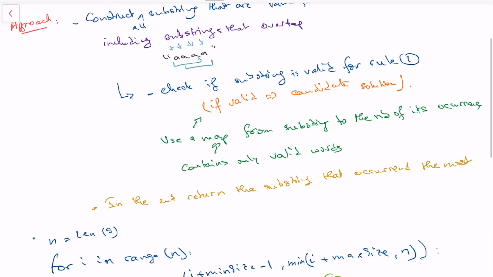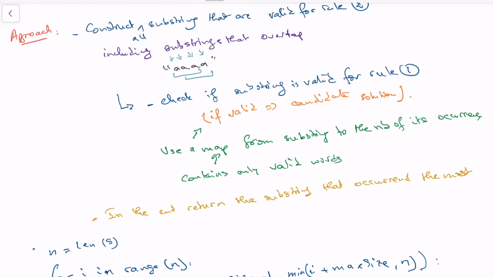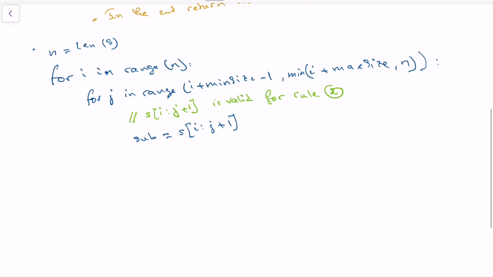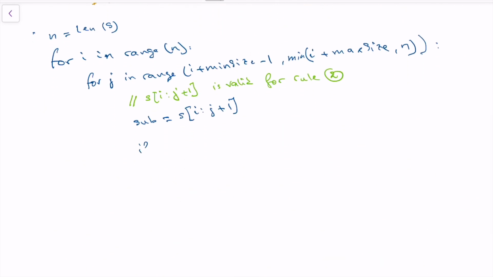And now we do the second step, which is we check that the substring is valid for rule 1, which means its number of unique characters is less than or equal to max letters. To get the unique characters, we just take the length of the set of the substring, and we check that it's less than or equal to max letters.